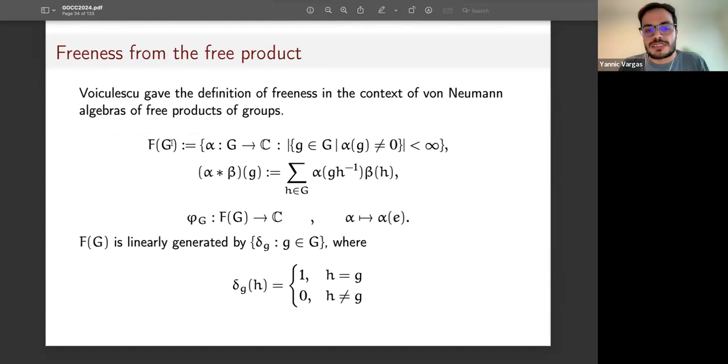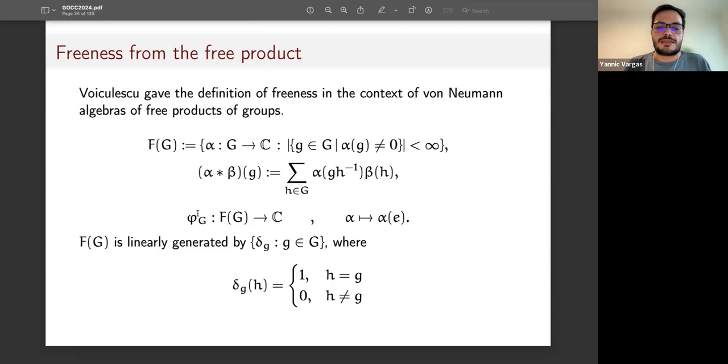I take a group J, and it doesn't have to be finite, in fact. And you take the set of all maps from J to C with finite support. The product between such maps is this, which is called the convolution. So this is nothing else than the dual of the group algebra of a group.